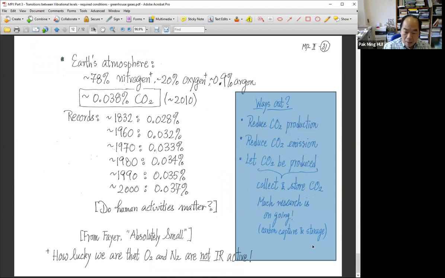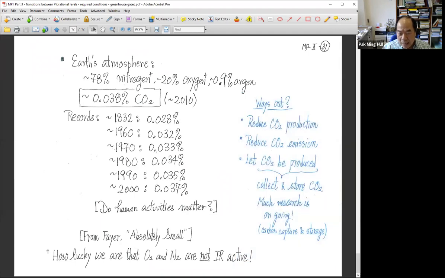okay? There are other ways, actively research to reduce this CO2 in the atmosphere. For example, our economy still rely much on CO2 emission because many processes in industry will emit that. How about this?